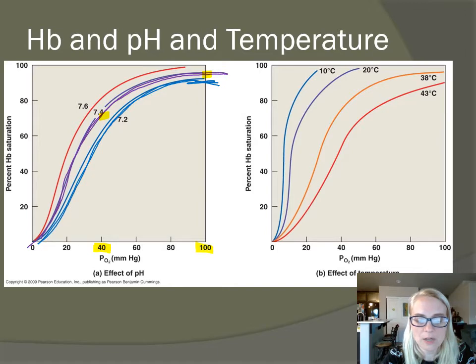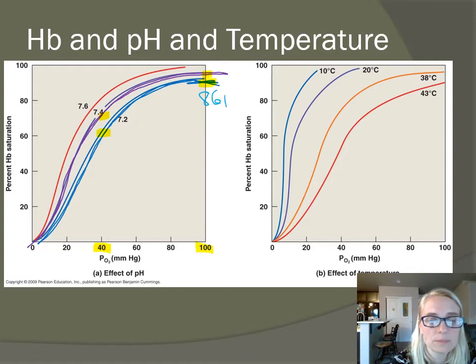Here we see quite different numbers. This might be more like an 86, percent saturation. But down here at the tissues, it looks like more like 60%.